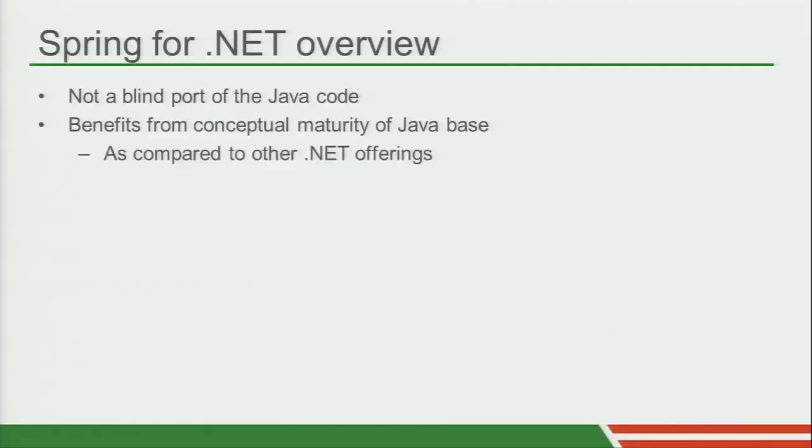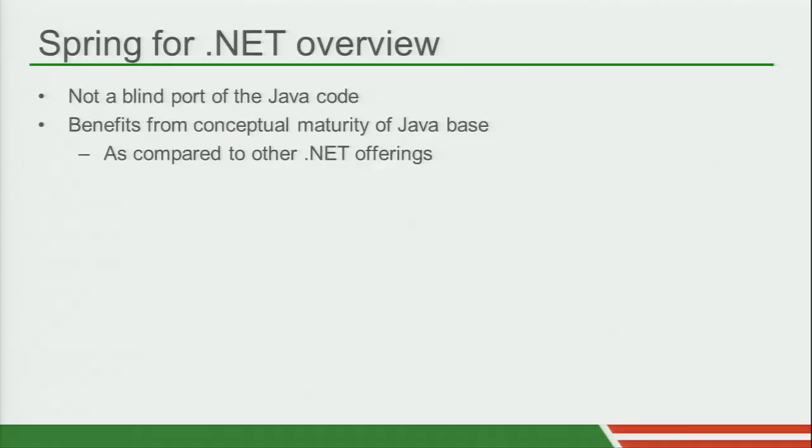This is as compared to other .NET offerings, right? Java as an ecosystem is a couple of years older than the .NET stack as an ecosystem. As a result of that sort of jump start or head start in the process, the Java space has learned a lot of very painful lessons that the .NET space is still learning today.